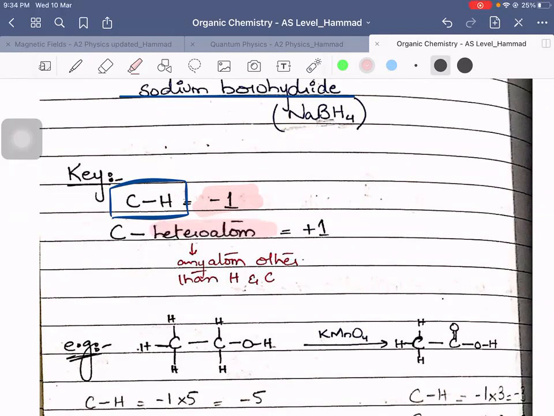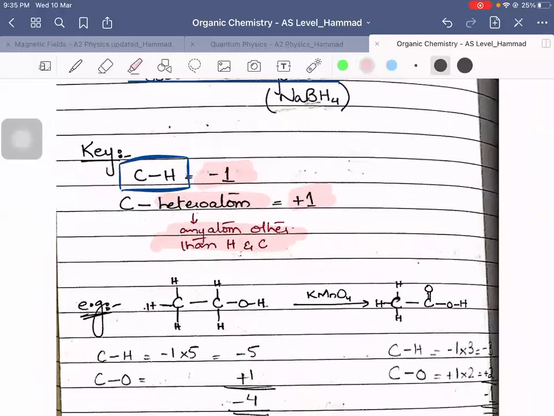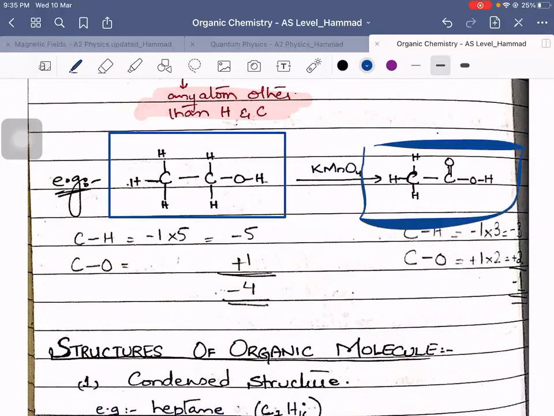A C-heteroatom bond, where a heteroatom is basically any other atom apart from carbon and hydrogen, let's say if it's carbon and oxygen or carbon and nitrogen, would have a bond value, or you could say an oxidation value, of +1. So let's say, for example, I have this compound, an alcohol, right? And there is a carboxylic acid.